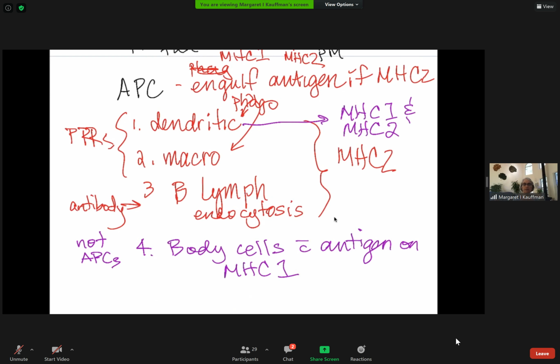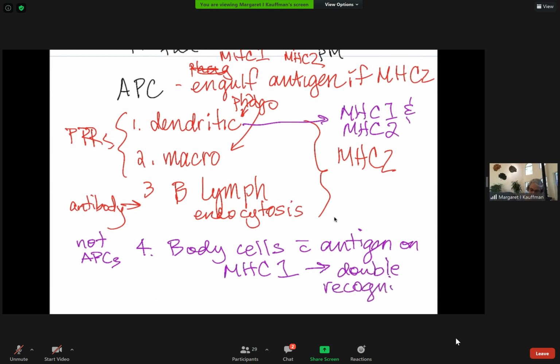And if that is inflammation due to, say, a virus infection or a cancer, then those cells will potentially encounter their MHC1 with their antigen on a body cell. They have then had the first step. This would lead to double recognition happening.